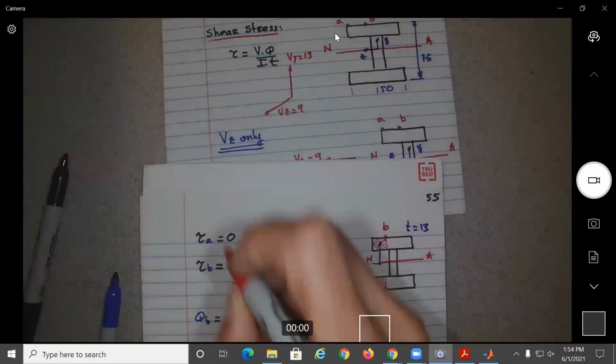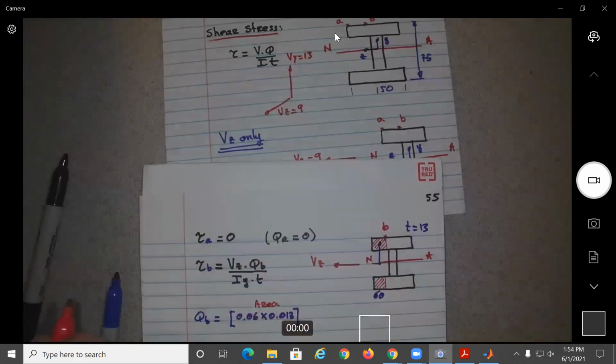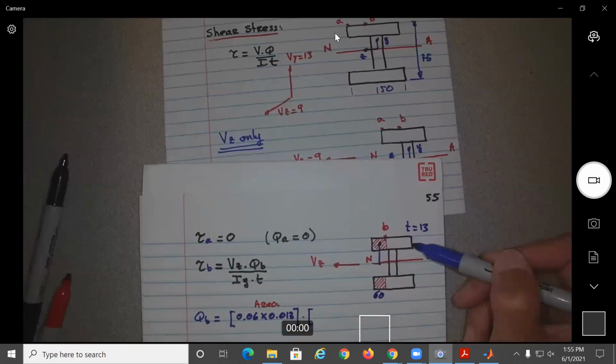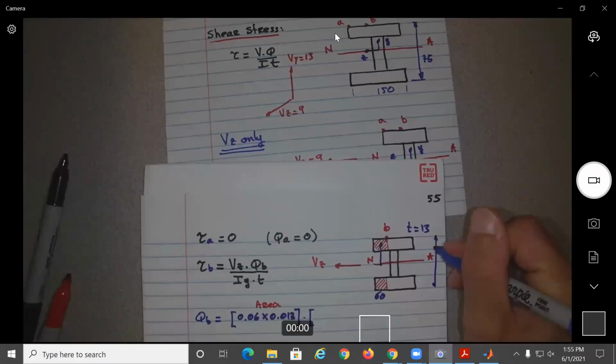So this is the area. And now, the distance from the neutral axis to the CG, this is 75, so that gives us 37.5, from here to here, minus 6.5. How much would that be? Is it 31? Okay.